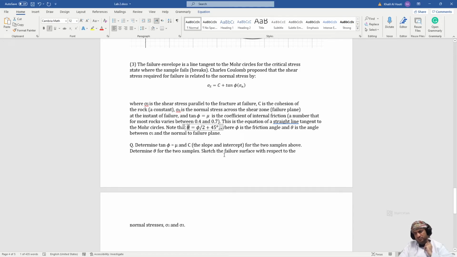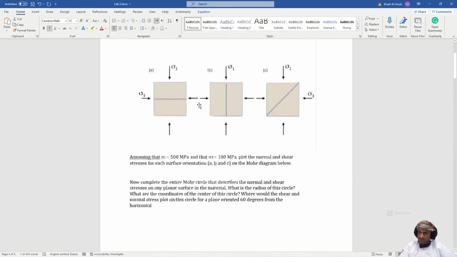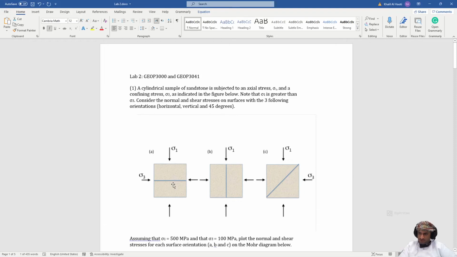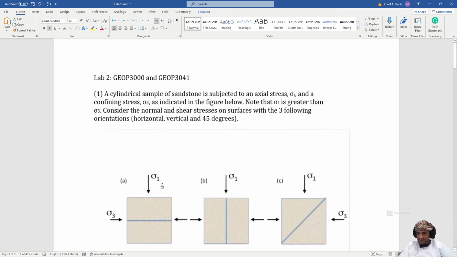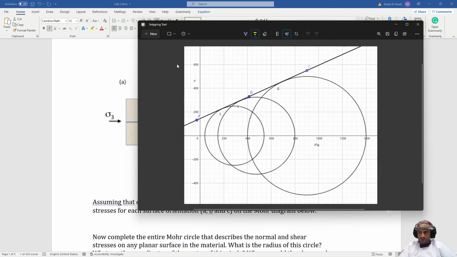Finally, you need to sketch something similar to what you see here. Sketch a box like what you see here. You are actually given what angle. The angle, if I can draw somewhere here, can I draw here?